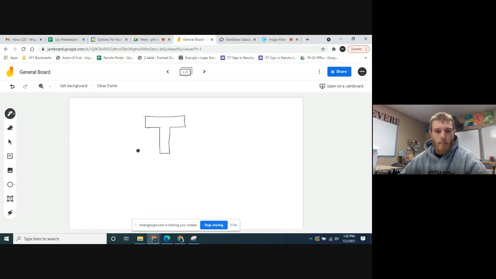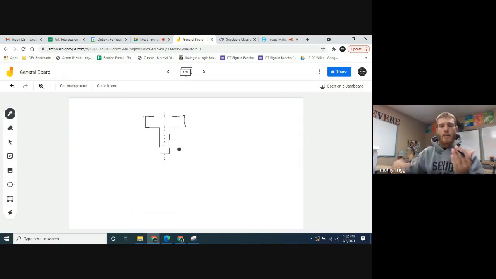Now in this case, does this shape have any lines of symmetry? The answer is yes. It would have one line of symmetry going vertically like so. Notice this cuts the shape into two congruent parts, but also if you fold it along that line, the T would line up on top of itself. So that means that this is a correct line of symmetry.